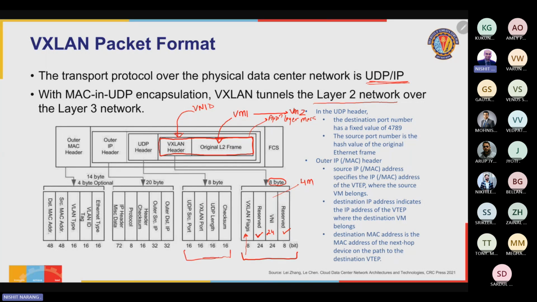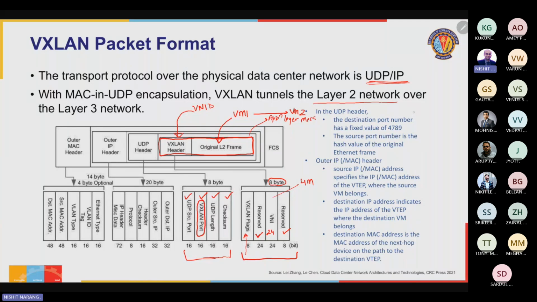So what does UDP have? It has its own checksum, it has the UDP length, it has a UDP source port, and it has a UDP destination port. So what is the UDP destination port? Because the destination is actually the VXLAN protocol, the UDP destination port is the port defined by the VXLAN protocol.